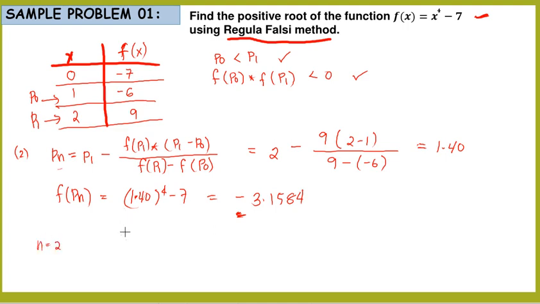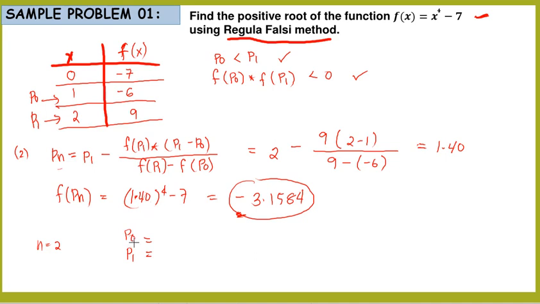Ano na ngayon yung magiging P0 natin? Ano na ngayon yung magiging P1 natin? So sabi natin, if the function is negative, let the Pn be the new P0. So since yung value natin dito is negative, our Pn is our new P0 in the next iteration.